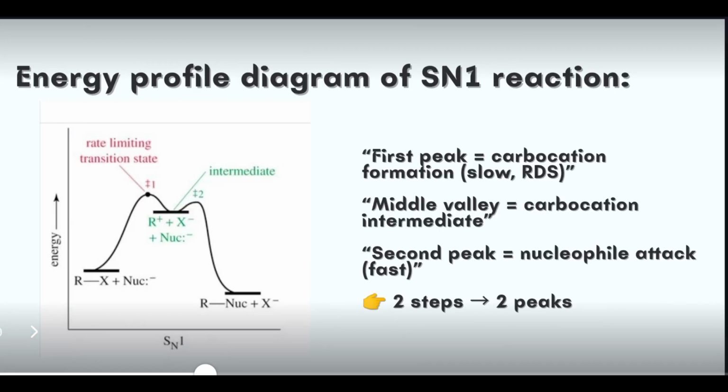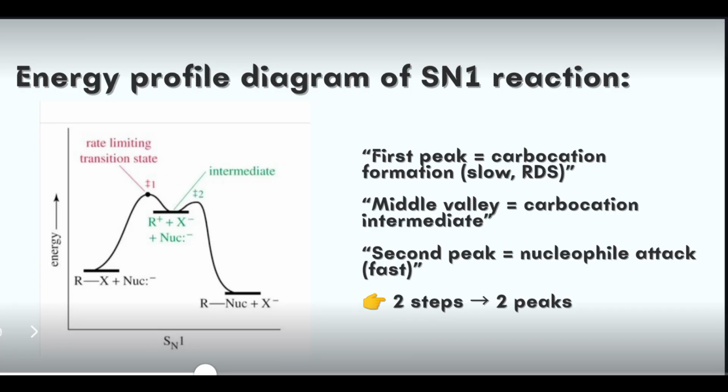Now you'll see the energy profile diagram of the SN1 reaction. Here you can see two peaks. The graph is drawn as energy versus reaction coordinate. In the first peak, carbocation formation takes place.